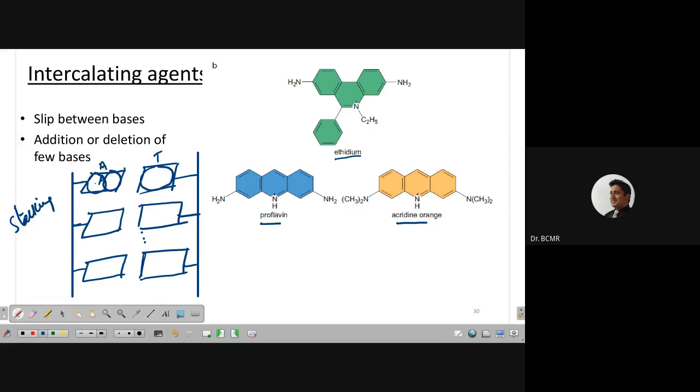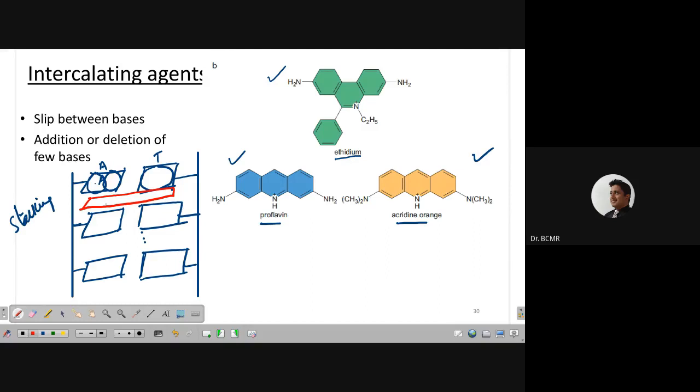Intercalating agents like ethidium, proflavin, or acridine orange have three rings. They also have rings. What does that say? They can slip in between these bases and stack themselves along with them. This is called intercalation.